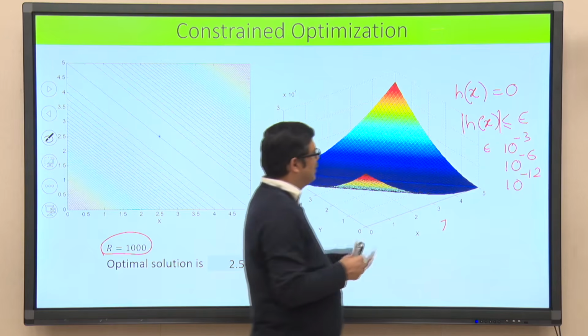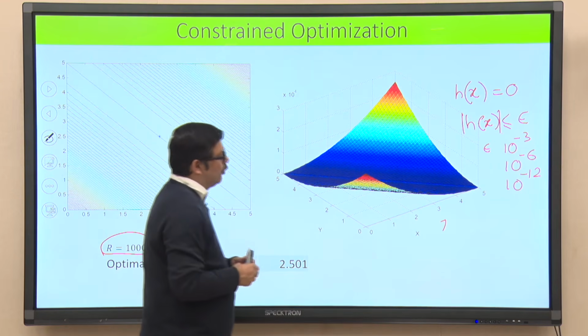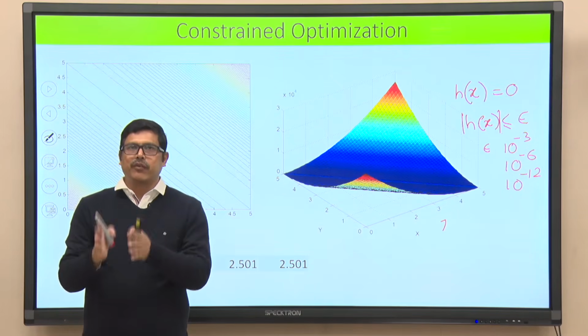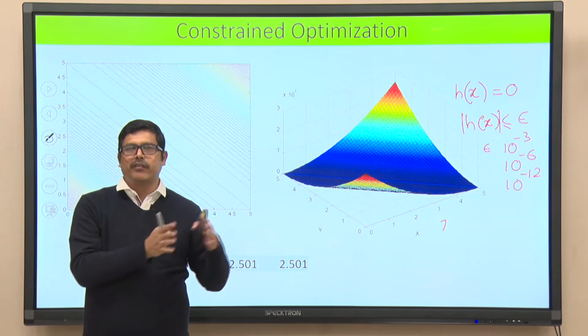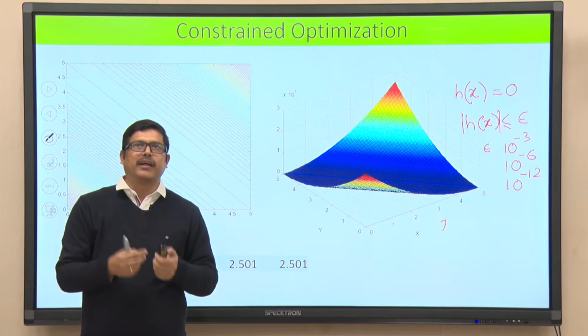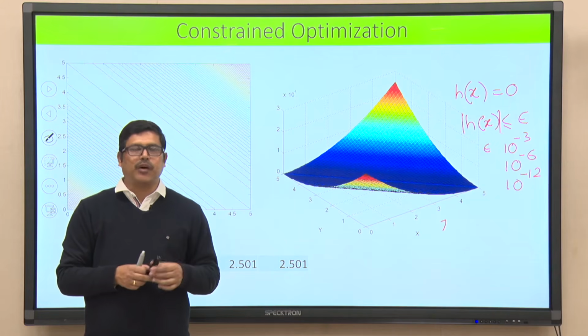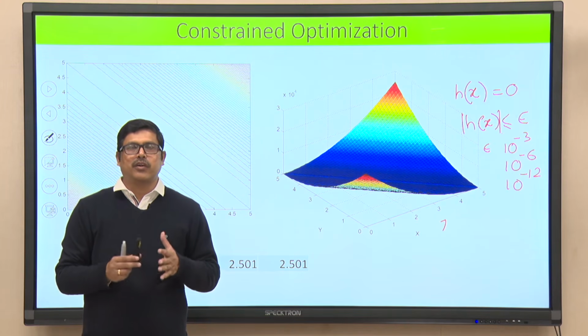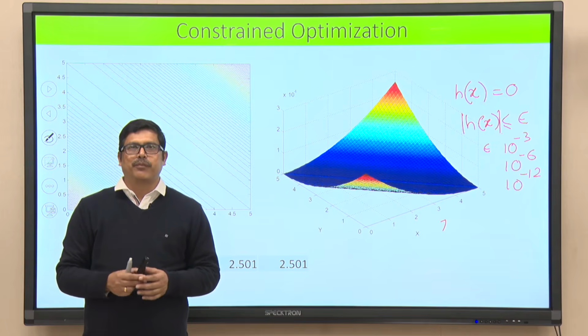Depending upon the permissible error, you can define this epsilon value, but the idea is that you are converting your equality type constraint to an inequality type constraint. So, we convert the equality type constraint to an inequality type constraint and then solve the problem. Let us stop here. This is all about the constrained optimization problem. Thank you.